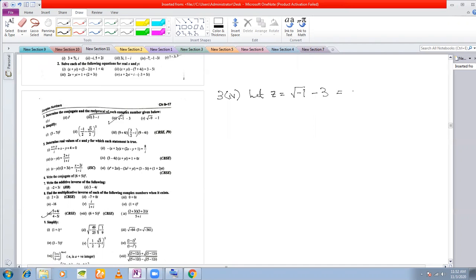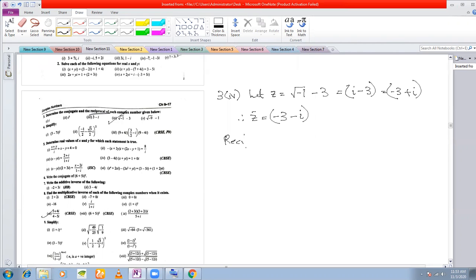You can write this as i minus 3. Okay, or you can write this as minus 3 plus i, writing the real part first. Okay, so what should be the conjugate of this? You simply change the sign of the imaginary part. This is your conjugate. Next question comes reciprocal.